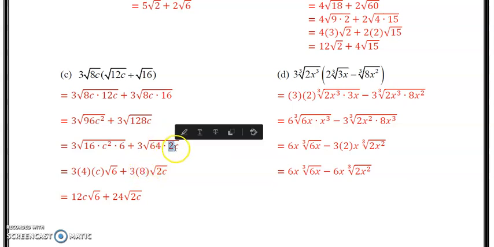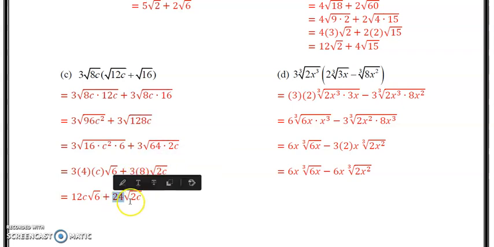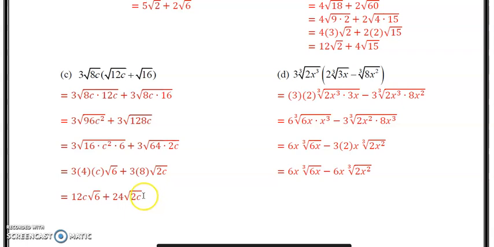There's nothing you can do with the 2 or the c, so that remains underneath the radical sign, square root 2c. 8 times 3 is 24, and we're left with 2c, and they can't be added together because they have to be exactly the same underneath the square root sign, which are called like radicals, and they obviously aren't. So this is your final simplified answer for question C.